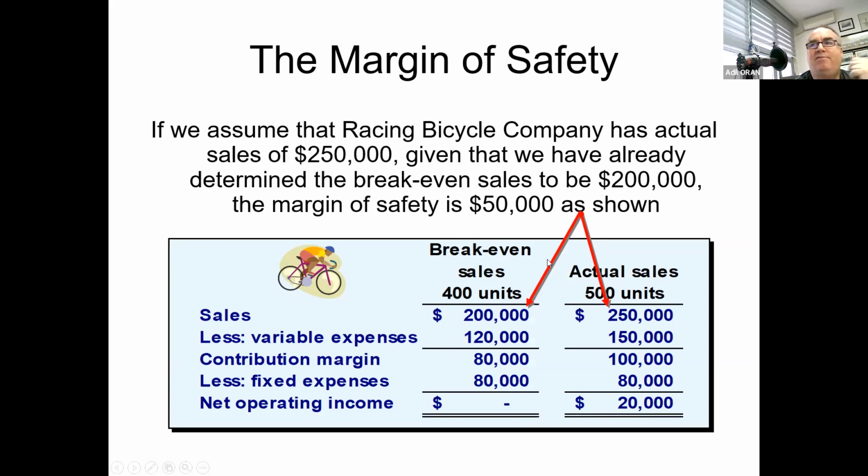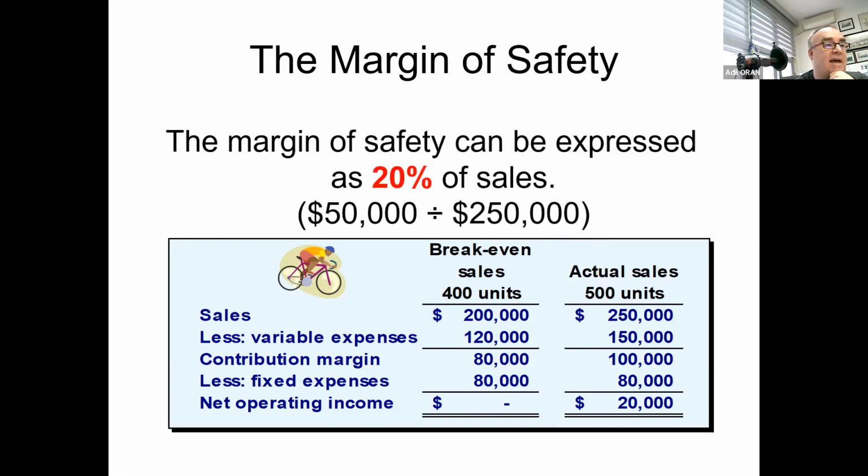So in dollars, you can say your margin of safety is $50,000, or you can convert that to a percentage, which might be easier to compare. You could say 50,000 over 250,000, 20%. You have a margin of safety of 20%. Even if your sales are 20% less than what you estimate, you still are not losing money.